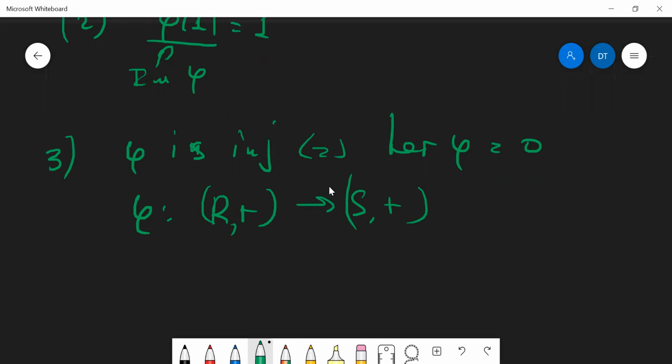The kernel of phi, when we consider phi as a homomorphism of groups, is exactly the kernel of phi when it's considered as a homomorphism of rings.